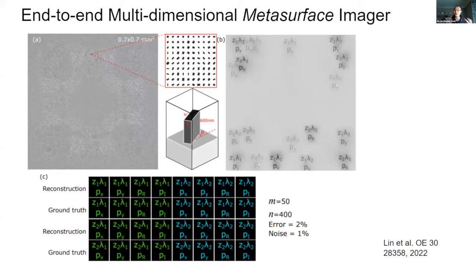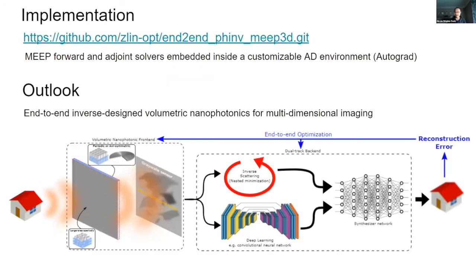And 2 wavelength information and 4 polarization information, and at the same time image this data cube.